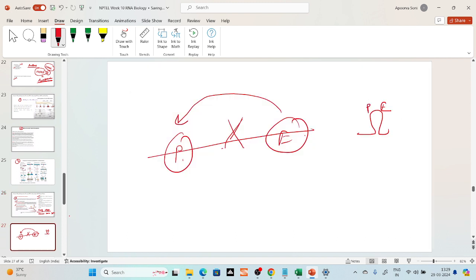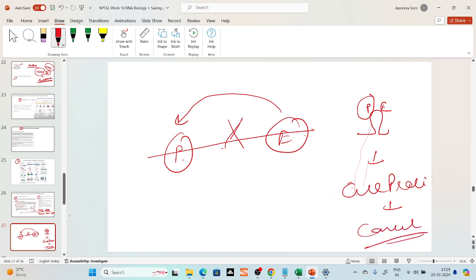The 3D structure that is formed is so aberrant that this promoter and enhancer have come close to each other. And now this promoter is getting even more expressed because this enhancer is enhancing its expression more and more. So there is more gene expression, and more cell proliferation, which is leading to cancer because now there is uncontrolled growth.